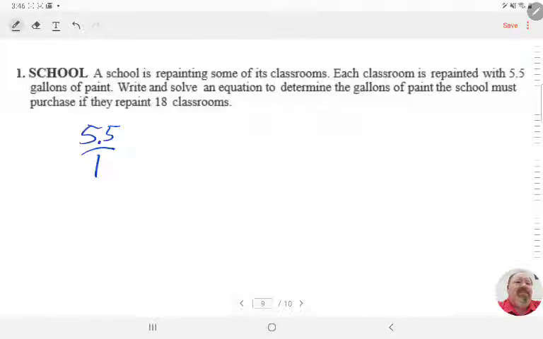And we are to write and solve an equation to determine the gallons of paint the school must purchase if they repaint 18 classrooms. Well, we could simplify this down to simply 5.5. And if we follow that formula of y equals kx, where k is the constant, proportionality would be 5.5.